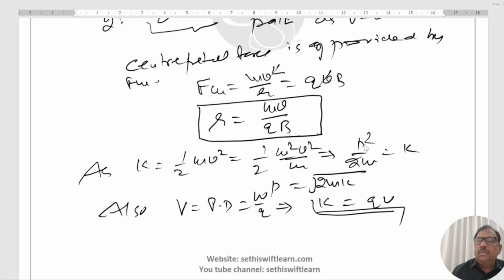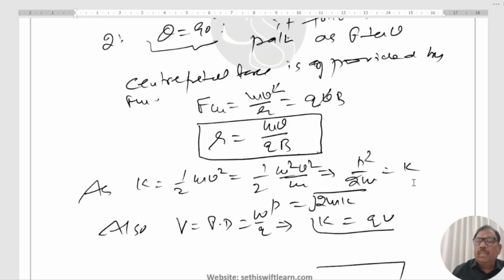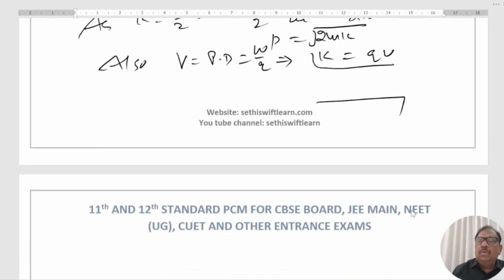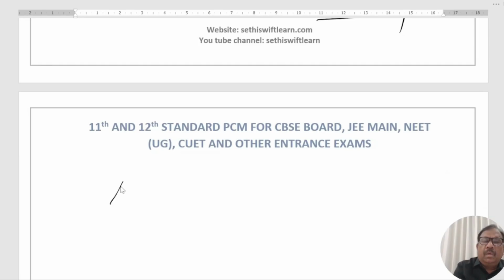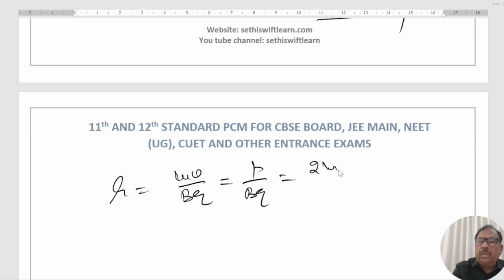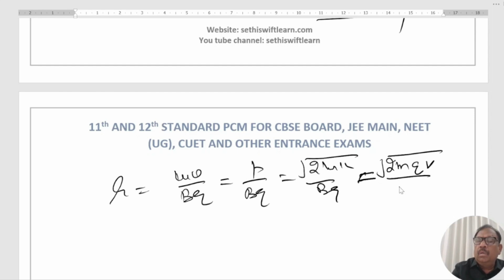Using all these things, R can be written as mv upon Bq, or p upon Bq, or root of 2mK upon Bq, or root of 2mqV upon Bq.